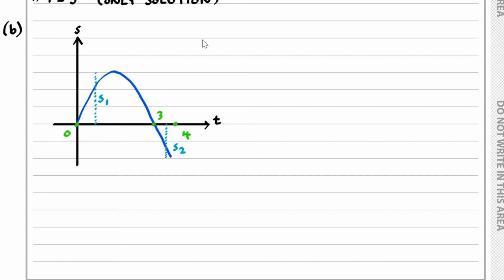You will find that here we have v equals 0.